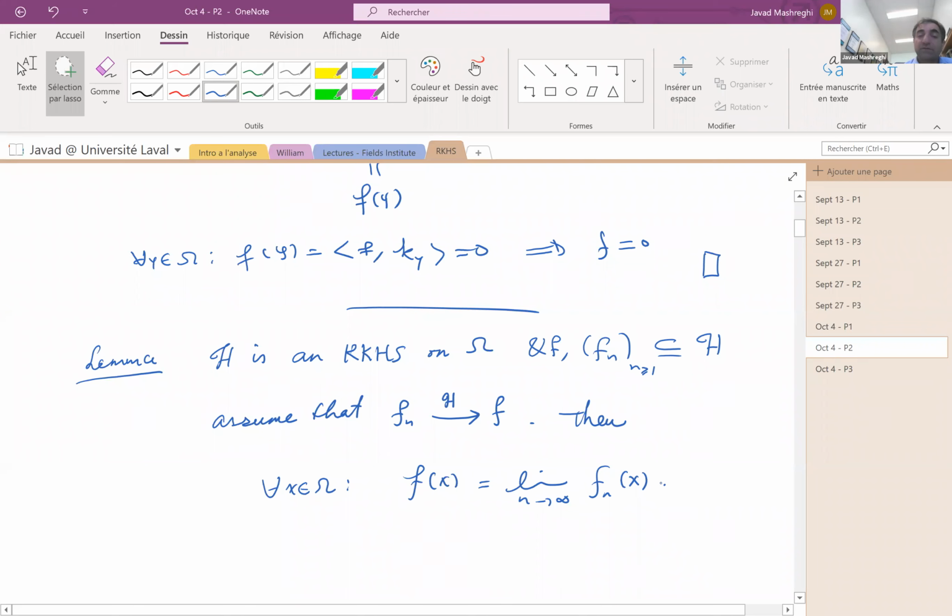In other words, convergence in H implies pointwise convergence.